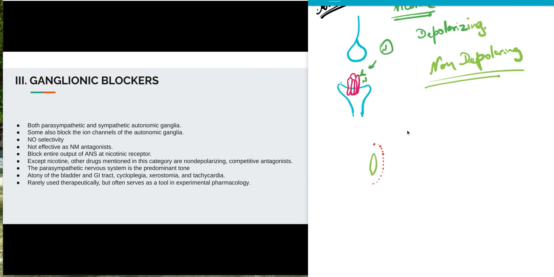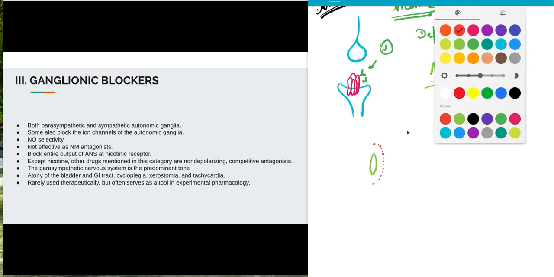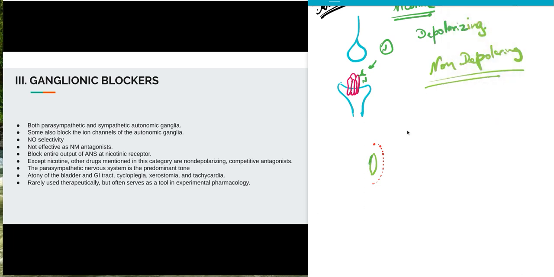Looking at it from the side view, we will notice these kinds of suspensory ligaments which are present like this. Agreeing? So this is thing number one.